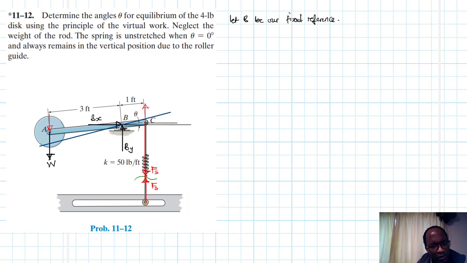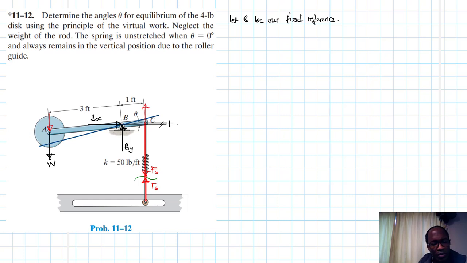Point C with respect to point B. So we want to define this height, because the change is in the y, so we are interested in the height.